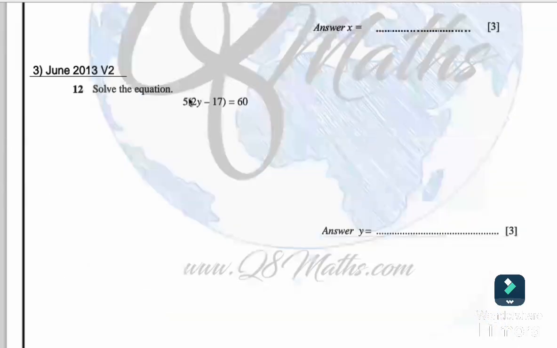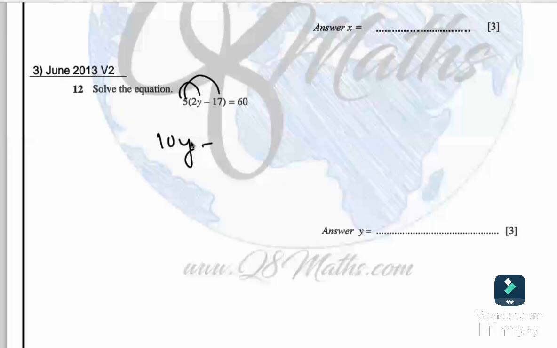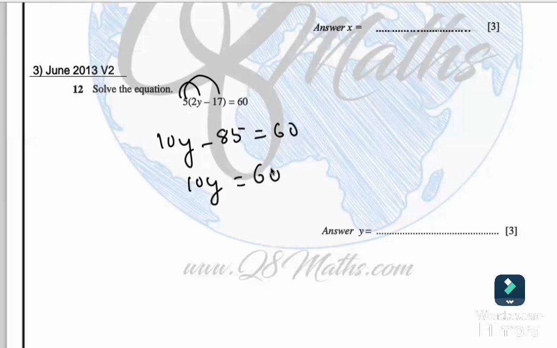Now let's open up this bracket. So 5 into 2y minus 17. Therefore, 10y minus 17 fives are 85, equal to 60. Therefore, 10y is equal to 60. So when minus goes to the other side, it becomes plus.